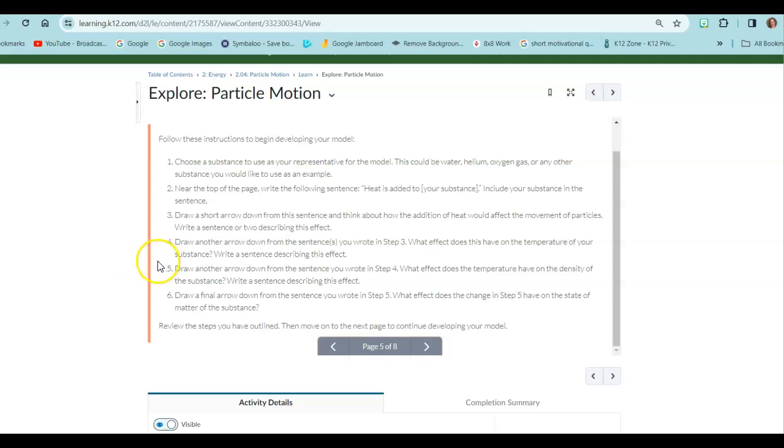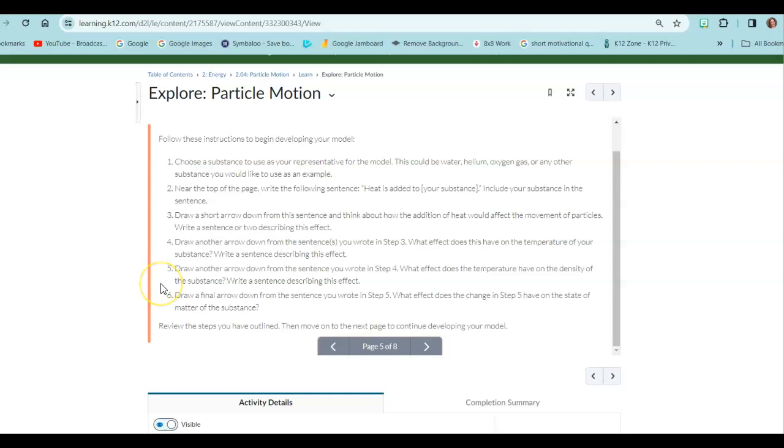And then next step would be to draw an arrow down from that sentence and answer, what effect does this have on the temperature of your substance? So does it boil? Does it melt? So think about that. Maybe you chose a solid.